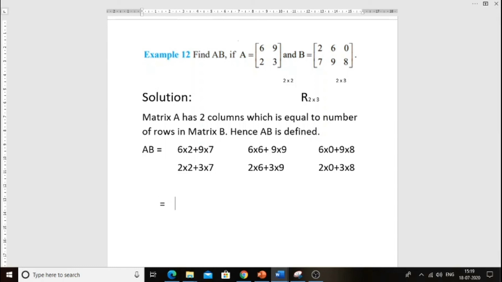Equal to 12 plus 63. Then 36 plus 81. 0 plus 72. So I write directly 72, no need of 0. 4 plus 21. 12 plus 27. And we have 0 plus 24, right?